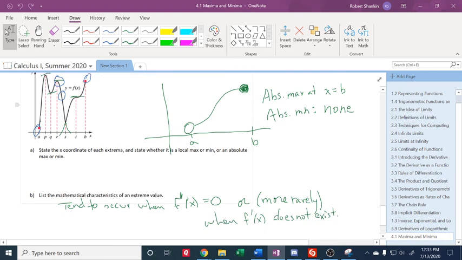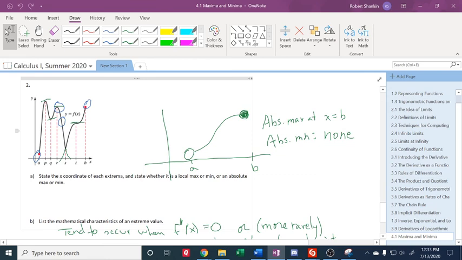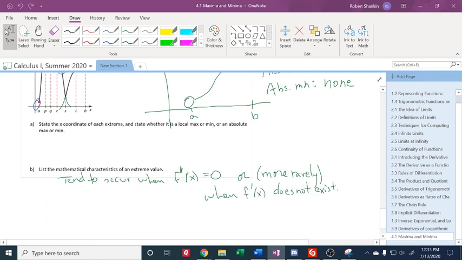Now there will be times when we do have endpoints as part of an interval, and when we do, they could be an absolute max or absolute min, but we'll see the main theorems are going to take those out and just say that on an open interval, this is. So let me give you that one main theorem, and then we'll take a break. And so let me go to the camera.